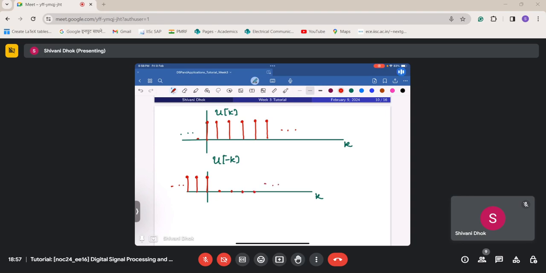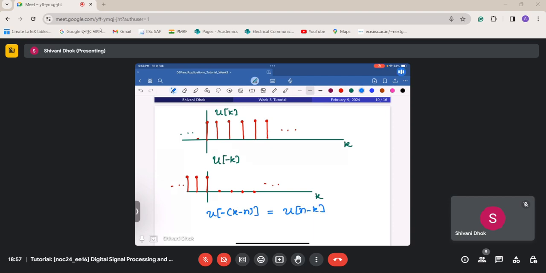Then what we need to look at is u[k minus n], like this, which is simply u[n minus k].